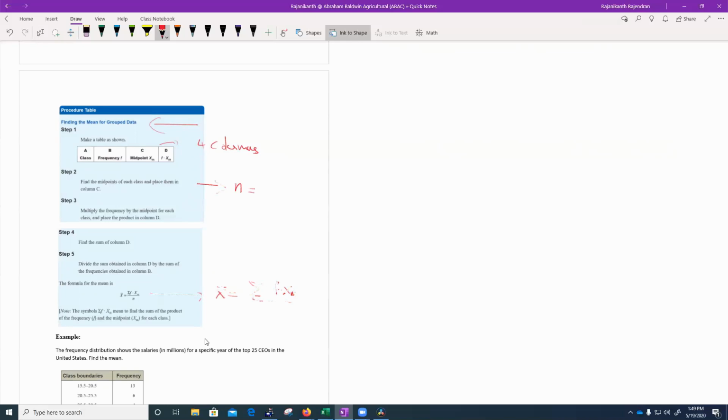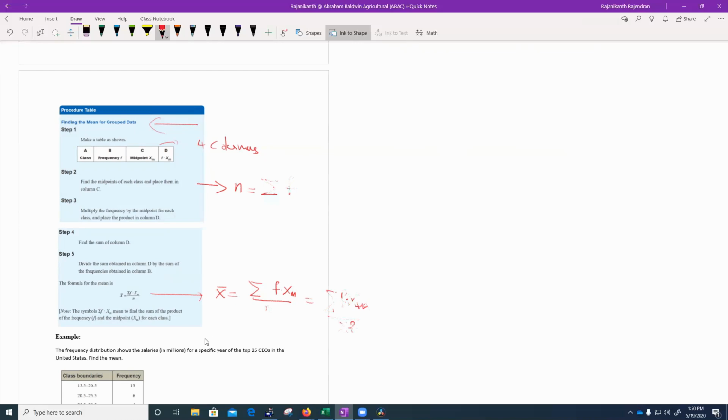The number of data values is nothing but the summation of your frequency column. If you add all the frequency values, you will get the total number of data values, which is my small n. Right? So that is a small n. Actually, that is the summation of f. This is m. So this is the formula I'm going to use for a group frequency table to find the sample mean.